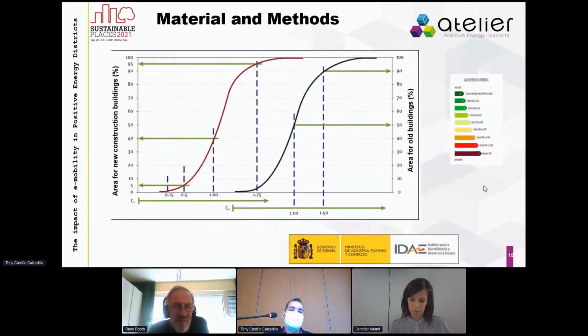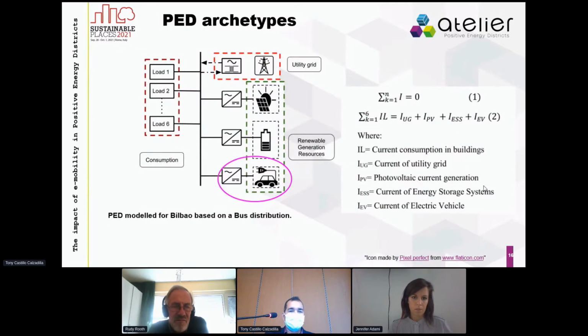Additional to this, it's important to highlight that we use the energy performance of the buildings to make our assessment. The PET was architected in my lab, using Kirchhoff's first law for defining whether or not we have surpluses at the end of the year.